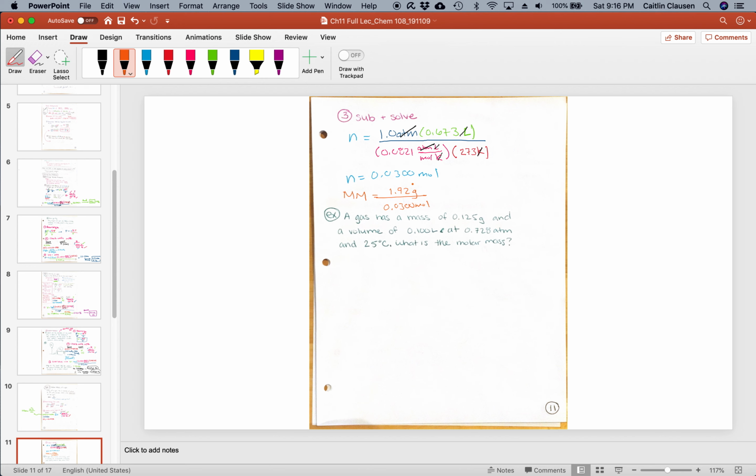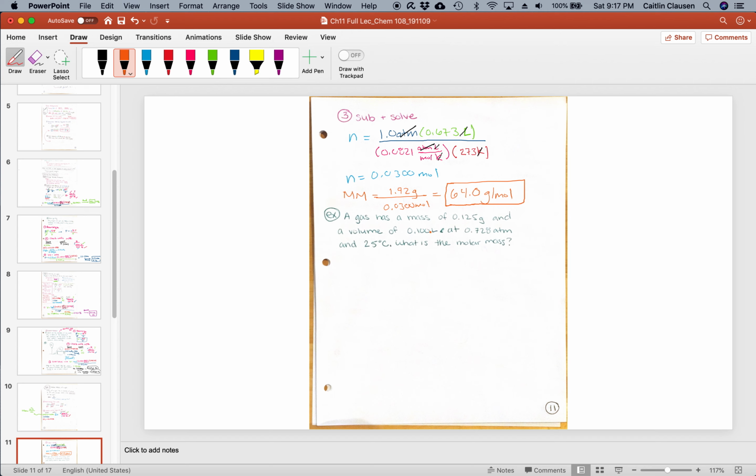So 3 sig figs in our moles from the 3 sig figs in this equation. 3 sig figs between each of these, so I need to report my answer to 3 significant figures. We don't know what kind of gas it is, so I can't say, but that is the molar mass of the gas.